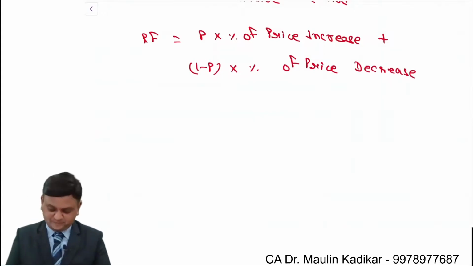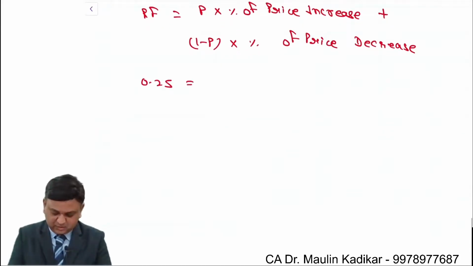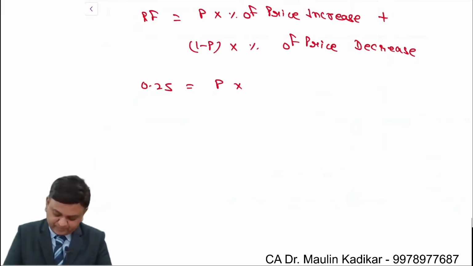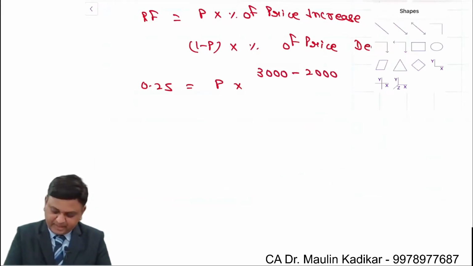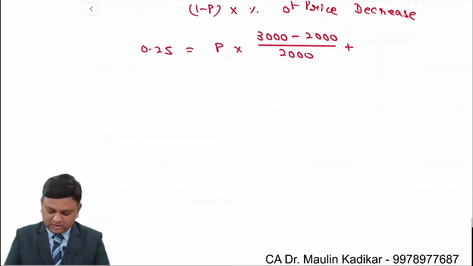This is the formula that we have. So RF is 0.25. P is the probability of the price increase into percentage of the price increase. So it is 3,000 minus 2,000 divided by 2,000, plus 1 minus P into 1,000 minus 2,000, whole divided by 2,000.